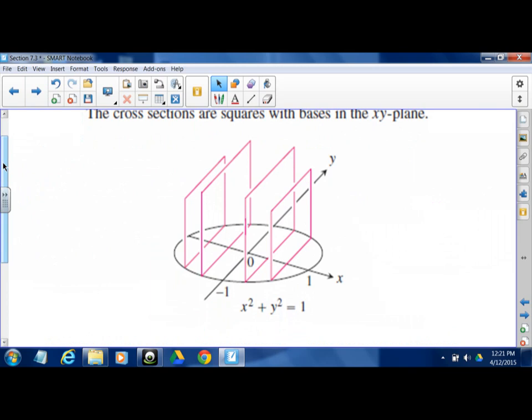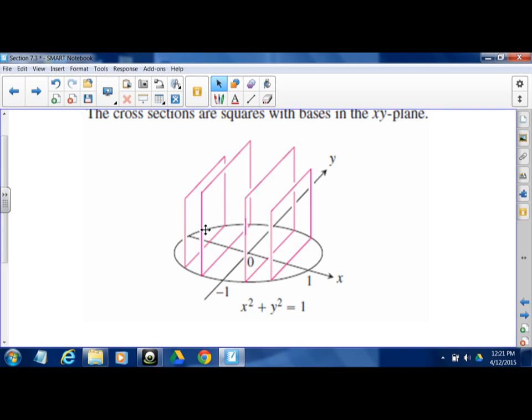The cross sections are squares with base in the xy plane. If you kind of ask yourself the question, this right here, the base is the circle, x squared plus y squared equals 1. Alright? And you kind of ask yourself the question, where exactly do these cross sections exist between?